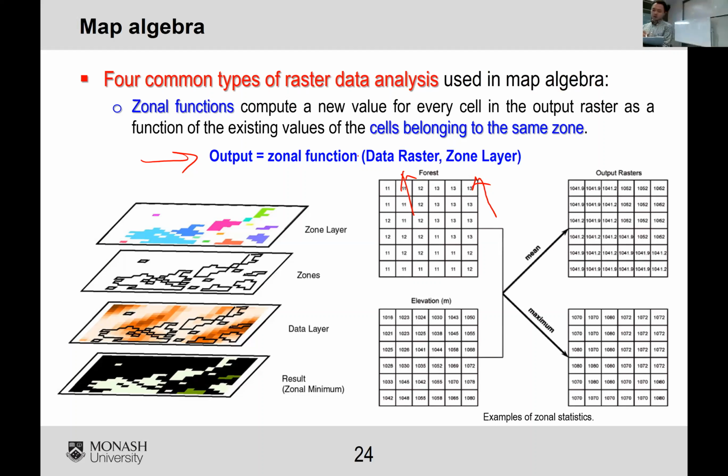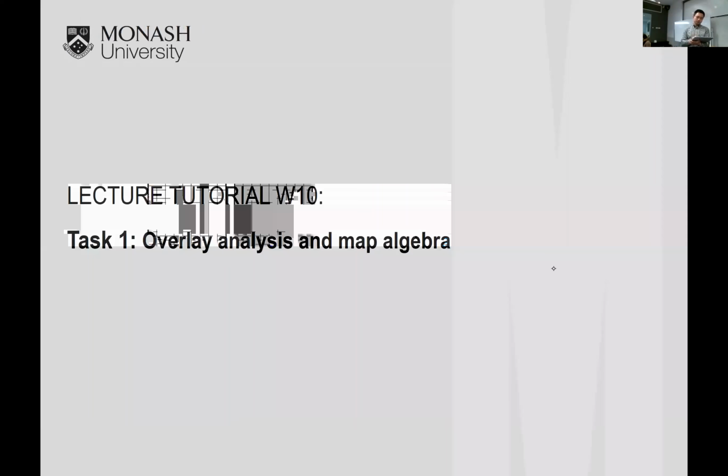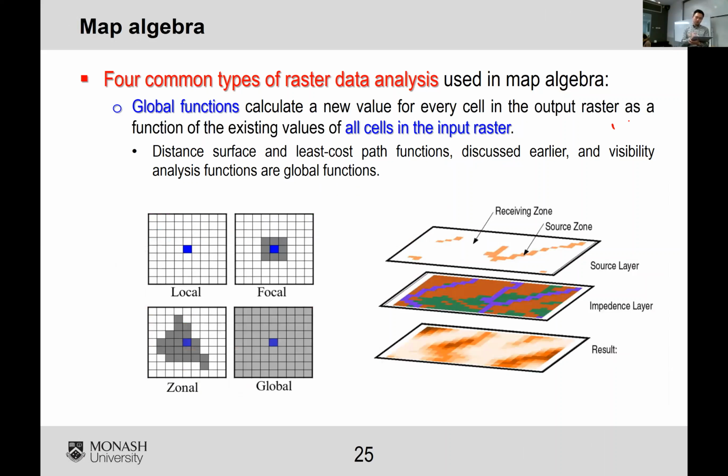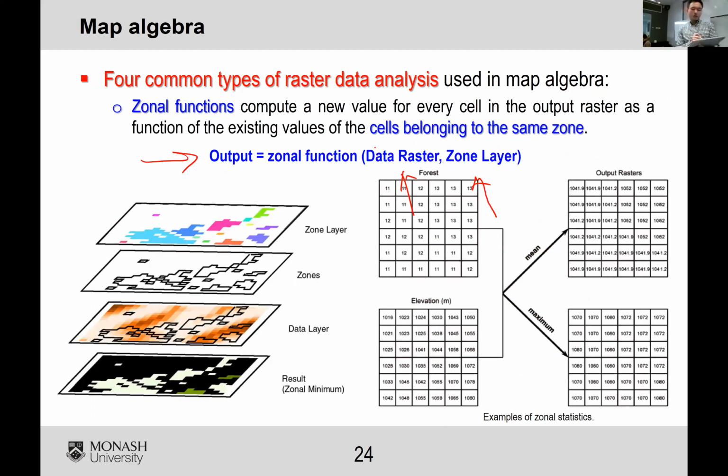And in the zonal function, we compute a new value for every cell in the output raster as a function of the values of the cells belonging to the same zones.